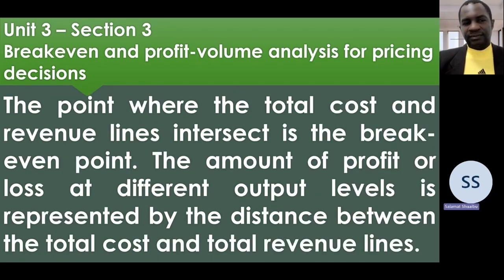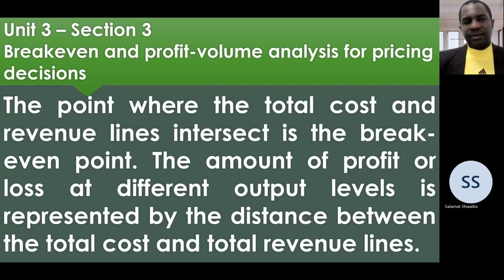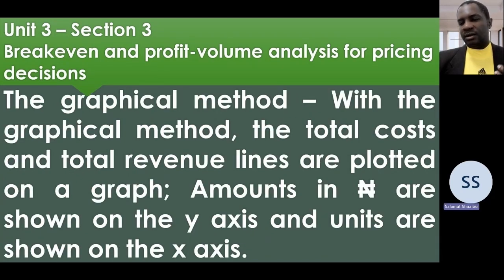That is the break-even point. The graph also shows the amount of profit or loss at different output levels, presented by the distance between the total cost and the total revenue. That is the graphical method.